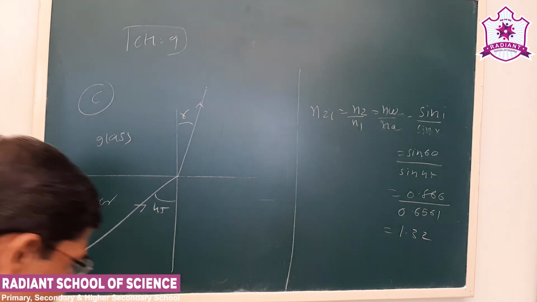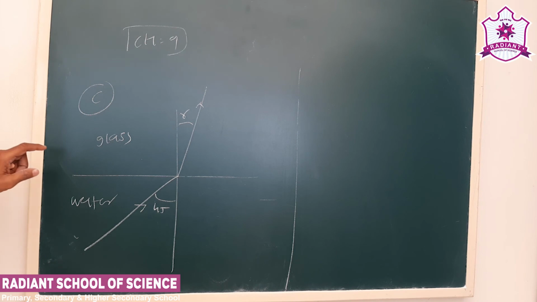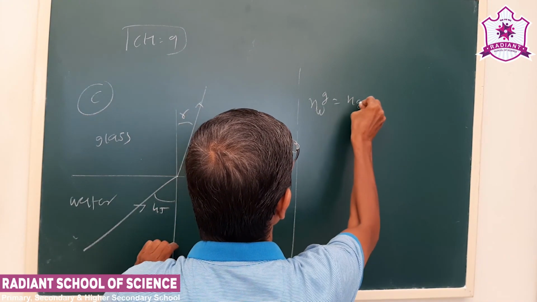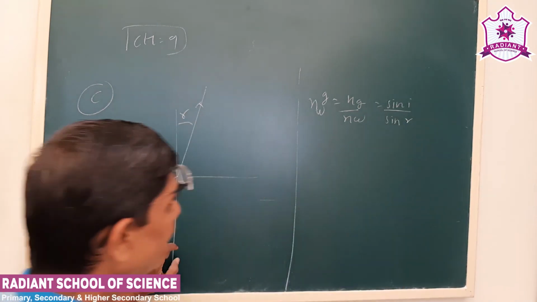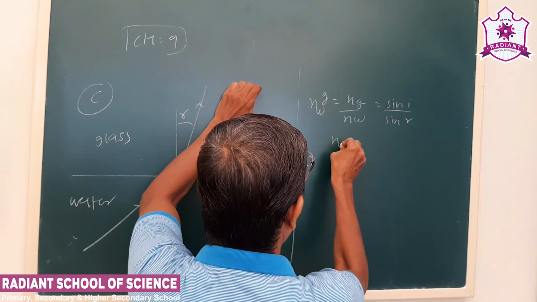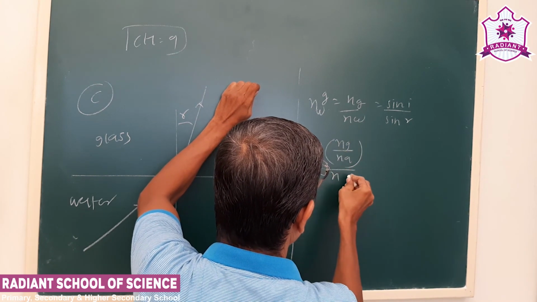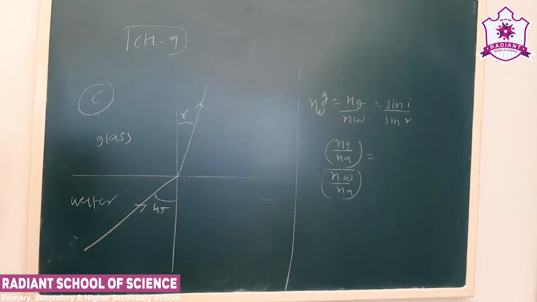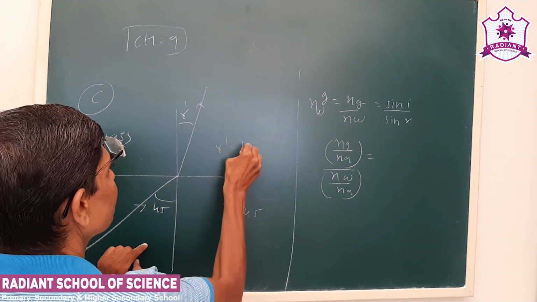Now see here we have to consider the refractive index of glass with respect to water. Now see we have a refractive index of glass with respect to air, so we can write Nga. If I write Ng upon Na, similarly I write Nw upon Na. Both we have derived just now. Sin 45, I is 45, R dash we have to find out.